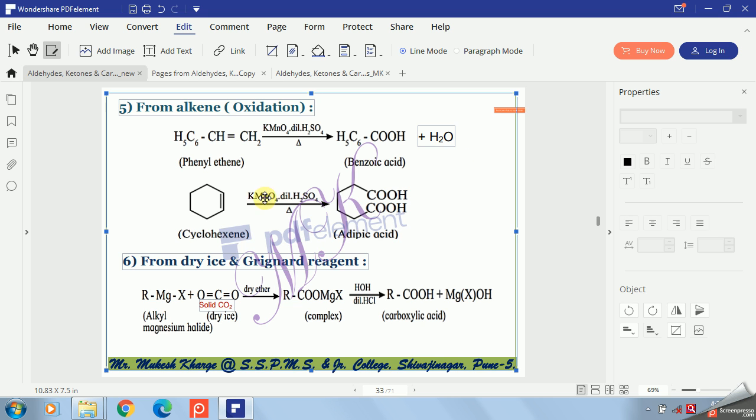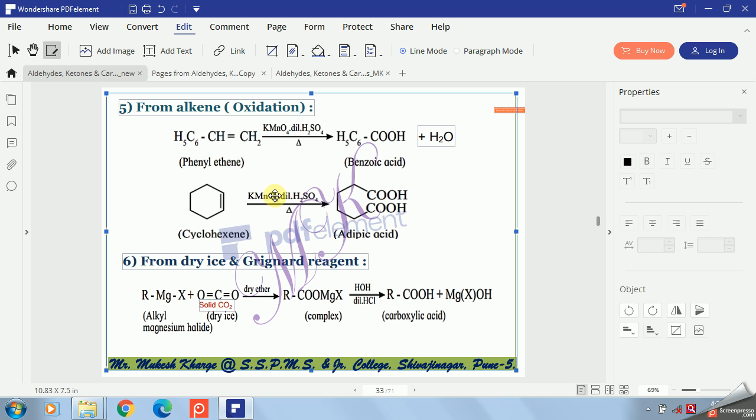In this case, in cyclohexene, only one double bond is present, so it is not a benzene. So cyclohexene on oxidation with KMnO4 and dilute H2SO4 gives, we have to break the carbon-carbon double bond and attach a COOH group. So that C gets converted to COOH. Okay, you can write a reaction between KMnO4 and dilute H2SO4 that gives nascent oxygen, and that is used for the oxidation purpose.